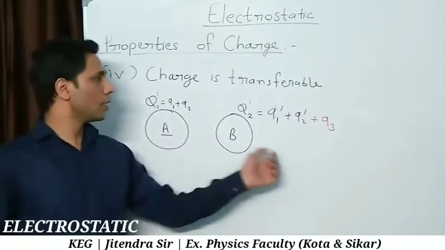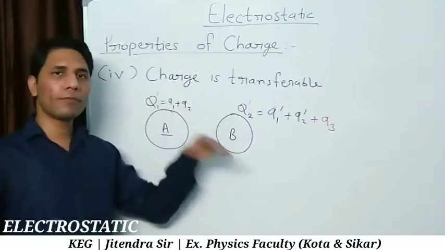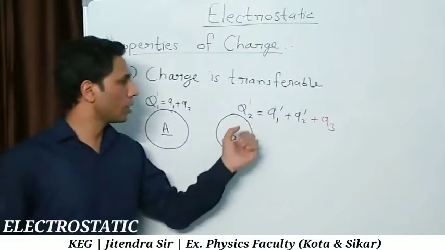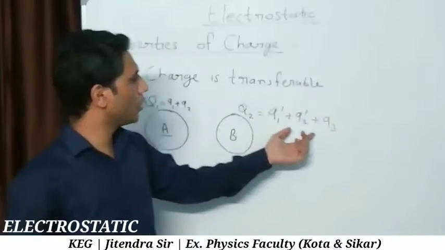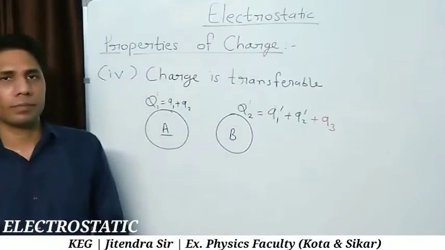So we can see here the total charge on A is Q1 plus Q2 after transfer of the charge, and on B the total charge is Q1 dash plus Q2 dash plus Q3 after transfer of the charge.